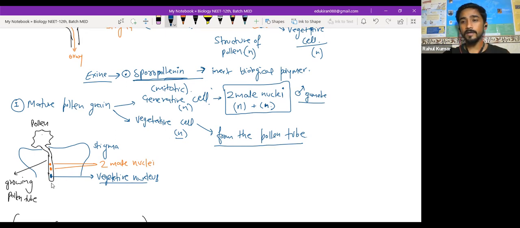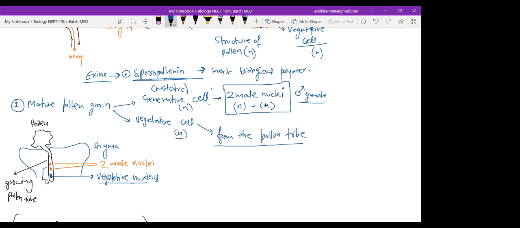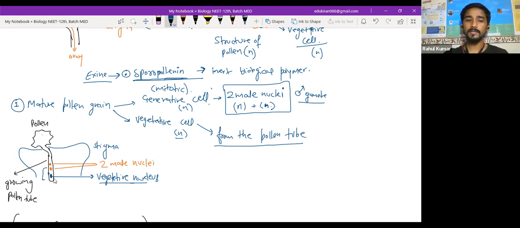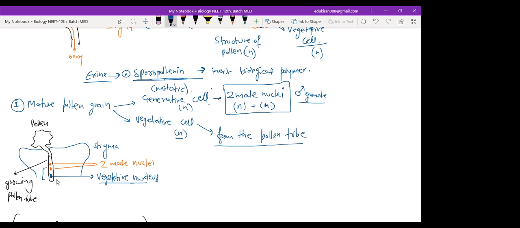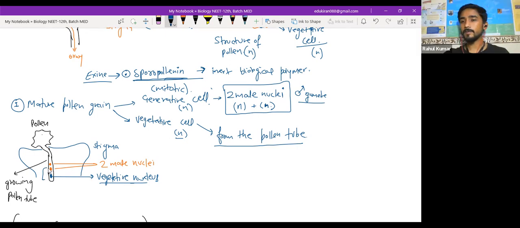So which will be the two leading nuclei? One vegetative nucleus and one male nucleus, because these two are leading, no? If I ask for the first leading nucleus, then the answer will be the vegetative nucleus. The last nucleus in a pollen tube will be a male nucleus. And if I ask for the two leading nuclei, then it will be one vegetative and one male nucleus.